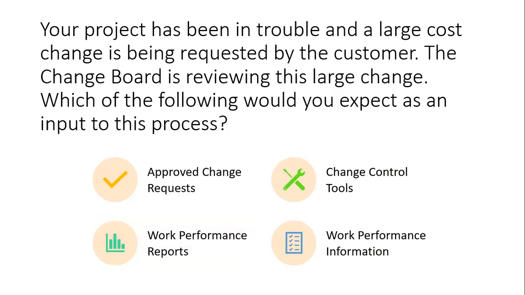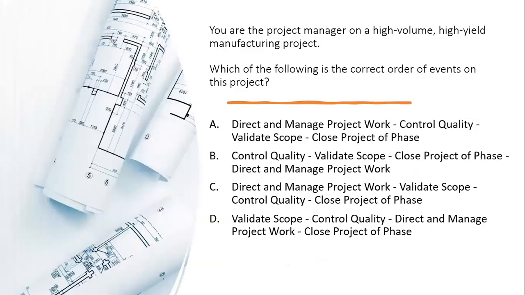The next question here reads, you are the project manager on a high volume, high yield manufacturing project. Which of the following is the correct order of events on this project? Now, to answer this question correctly, you need to understand what happens first, what happens next.